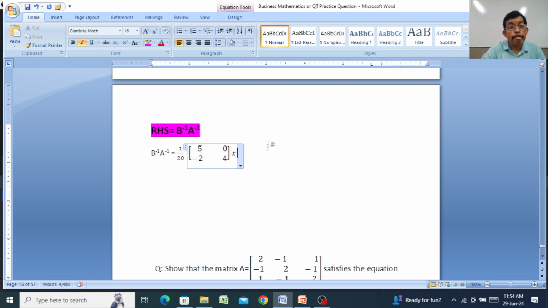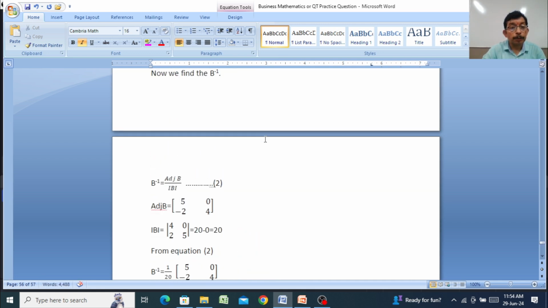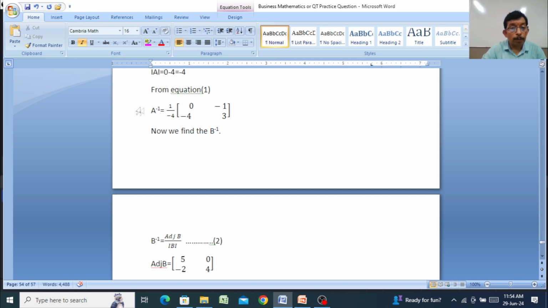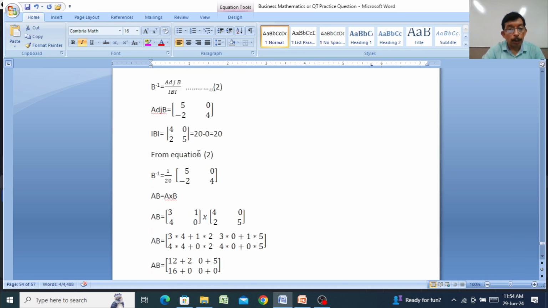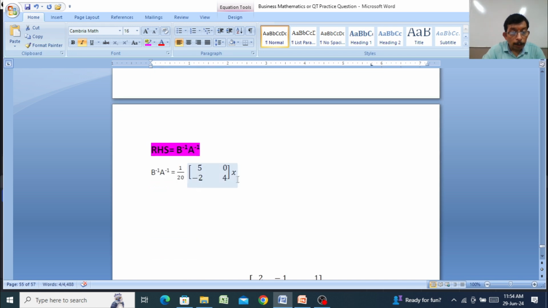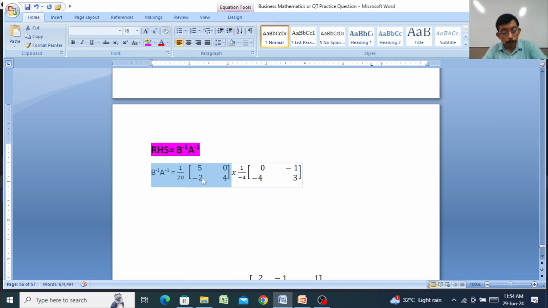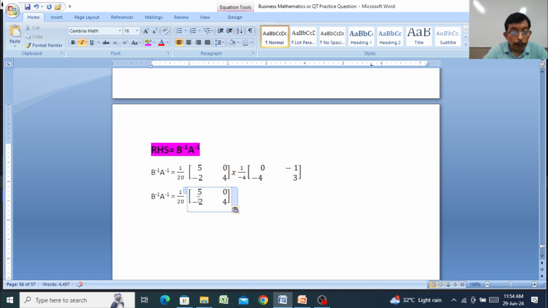Multiplication with A inverse, note down the value here and write down here. The value of B inverse is given with 1 upon 4 and 1 upon minus 80.